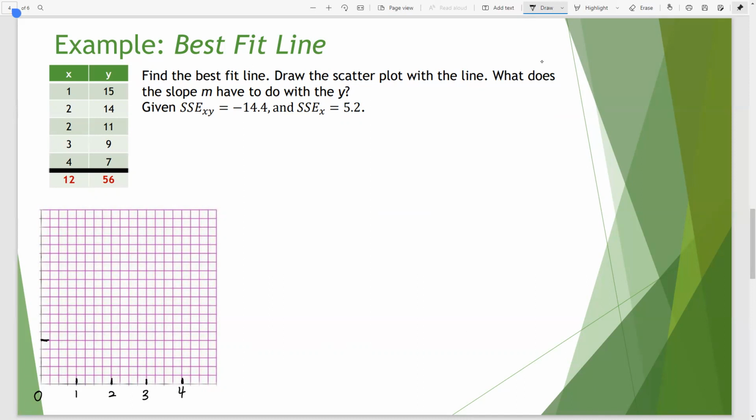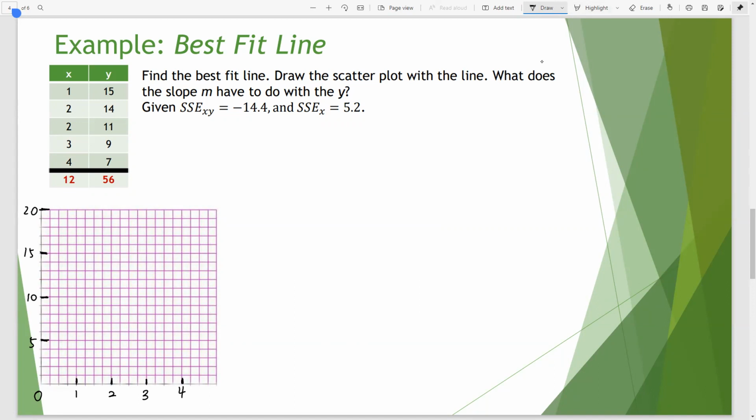Each box is 1, so we just label every 5 units. And it's like a decreasing pattern, so maybe the y-intercept will be higher than the largest y value, right? That's the idea.